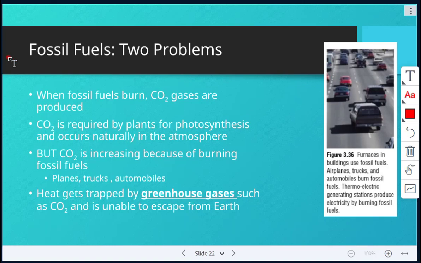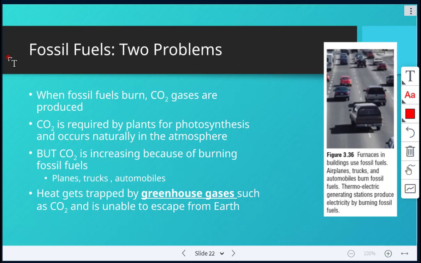Another problem with fossil fuels is when we burn fossil fuels, we are releasing carbon dioxide gases into the atmosphere. That carbon dioxide gas is required by plants for photosynthesis, and it does occur naturally in the atmosphere. But because of all the increased use and burning of fossil fuels, like planes, trucks, automobiles, factories, and so on, it's releasing more carbon dioxide into the atmosphere.